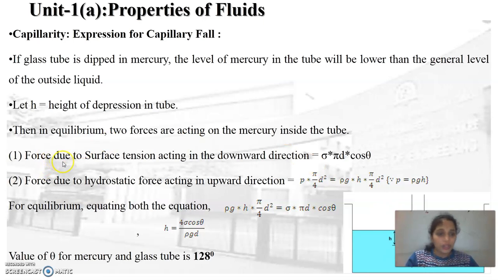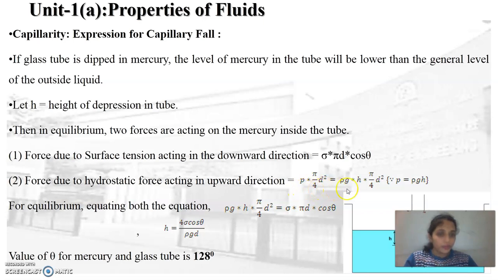Similar to the rise of liquid level in the tube, the same forces are acting here. The first force, due to the surface tension, acts in the downward direction, which is determined from the formula sigma pi d into cos of theta. The second force, the hydrostatic force, acts in the upward direction, which is obtained from the intensity of the pressure into the cross-sectional area of the tube.